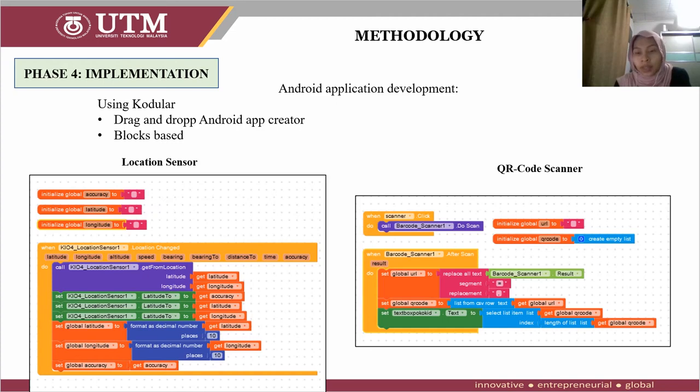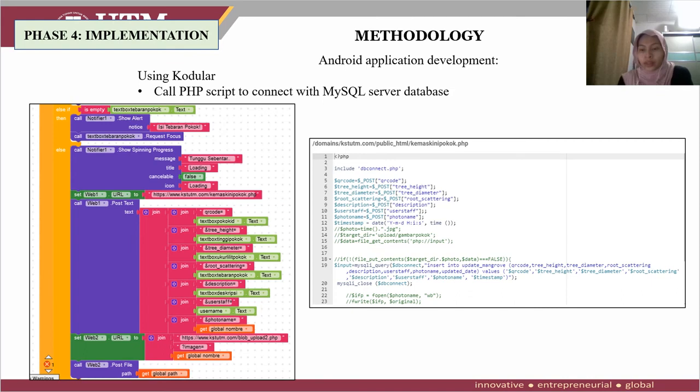The QR code scanner is used to scan the QR code tied on the tree trunk and identify the tree ID. In order to connect to the MySQL database that is remotely on the server, I call the PHP script to connect with the MySQL server database from Kodular, as shown in the left figure.